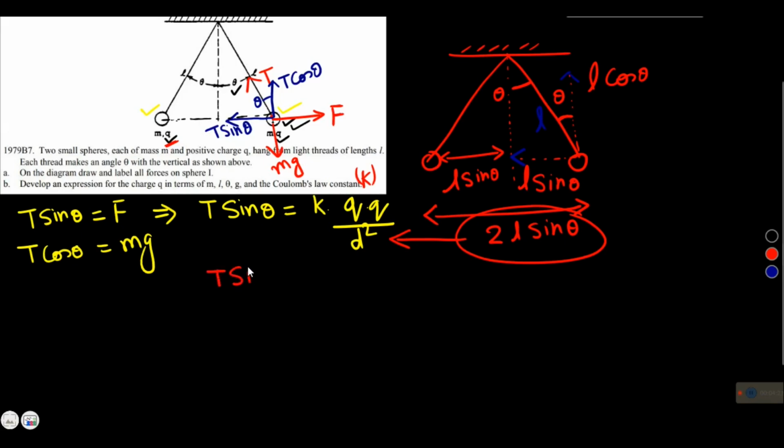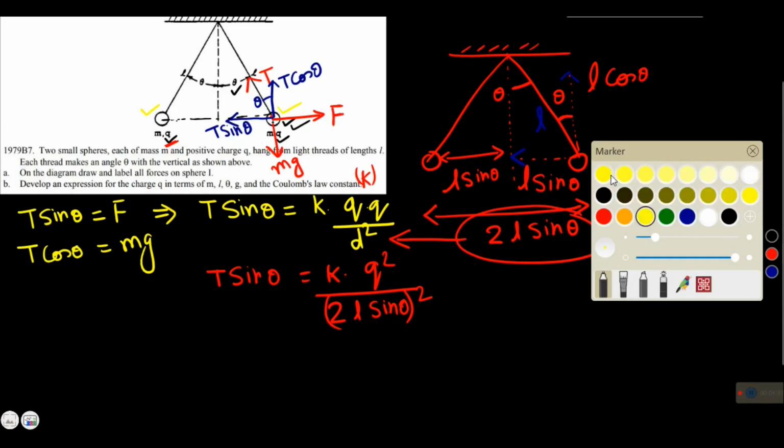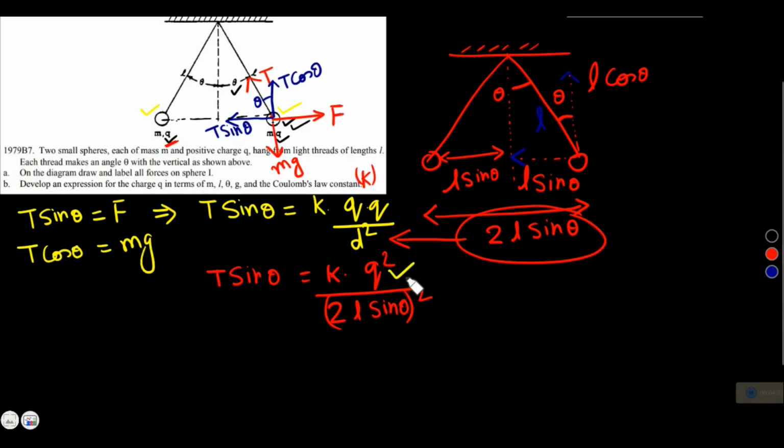So we will get T sin theta is equal to k q square divided by (2L sin theta) whole square. As you can see, we have to find the expression for q, and q should be in terms of theta, L, k, no problem.